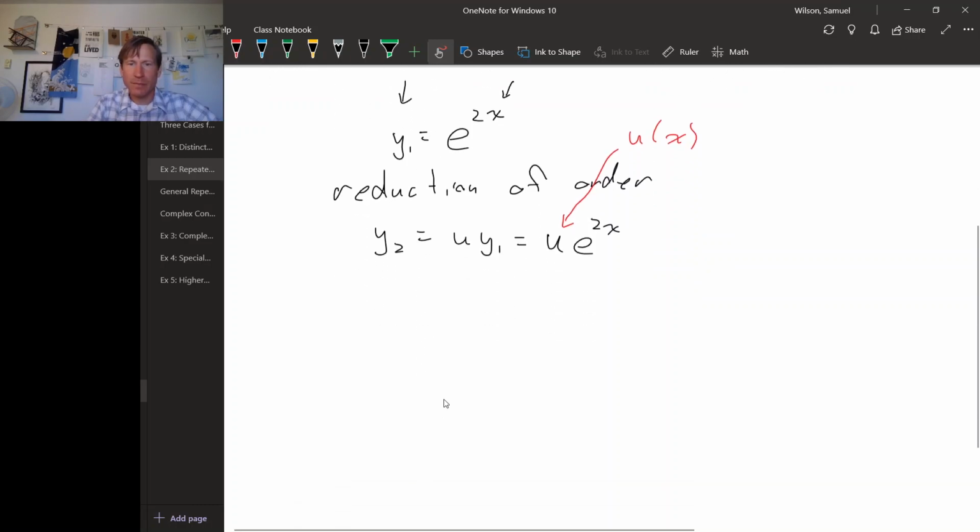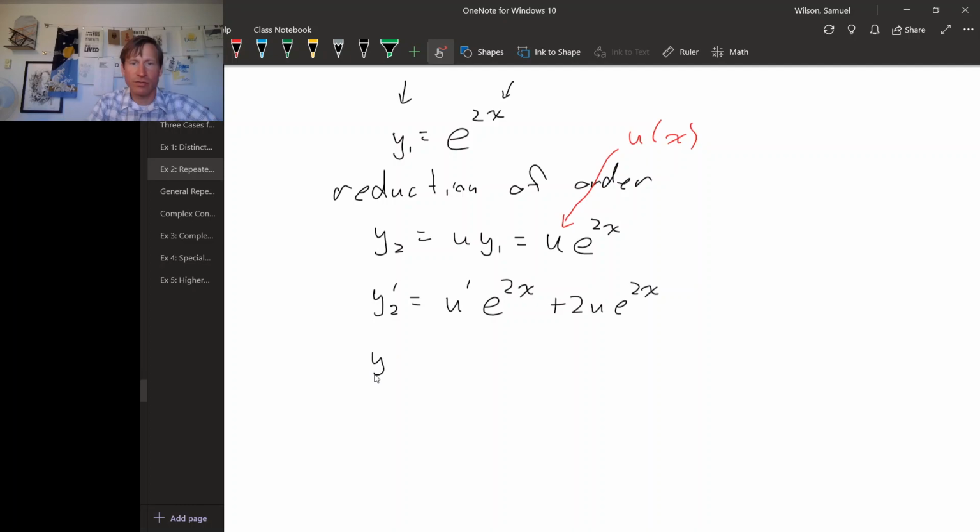Okay, we're going to need to plug this into the original differential equation, so let's take some derivatives. The first derivative is u prime times e to the 2x plus 2u e to the 2x.